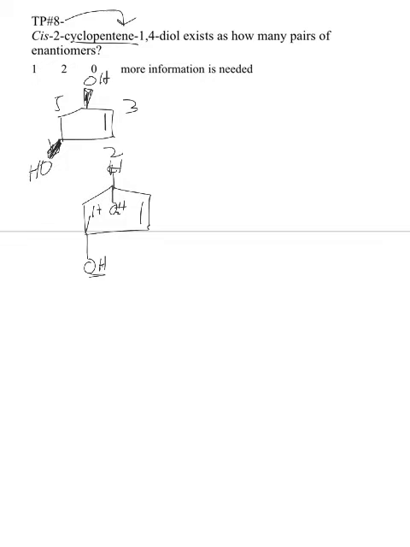So here, if you were to draw the cis, it has a plane of symmetry. So where's the plane of symmetry? So are these asymmetric carbons even? They could be, yeah. And so do you have a plane of symmetry?